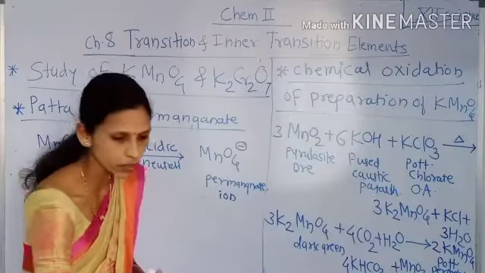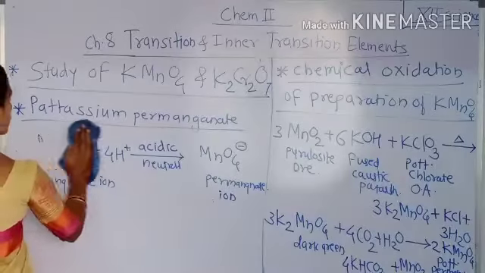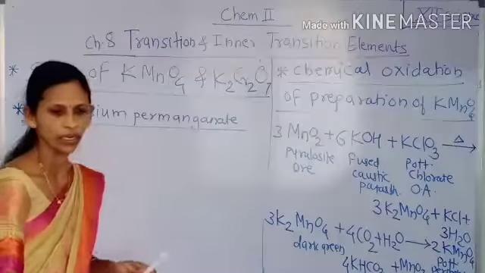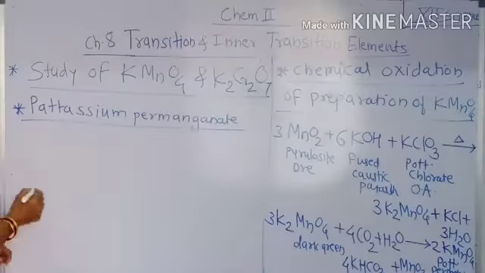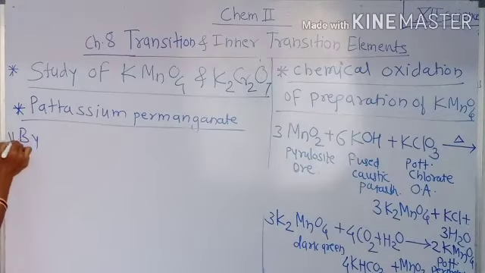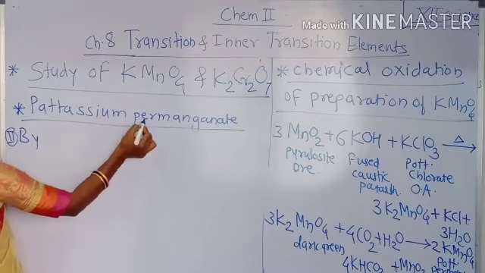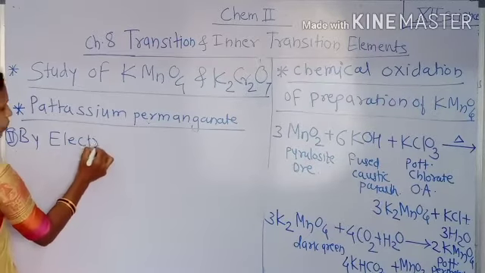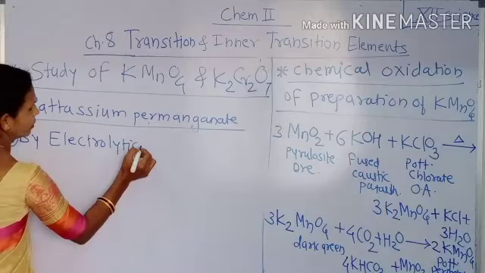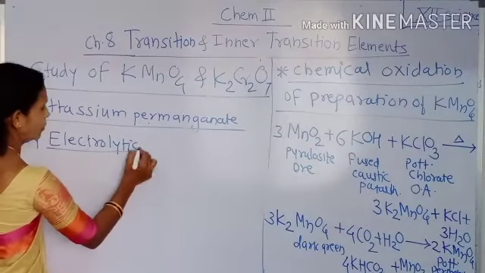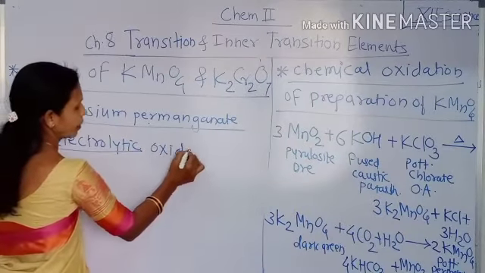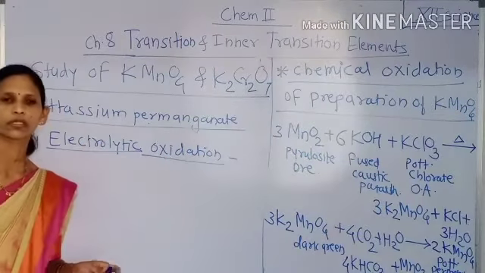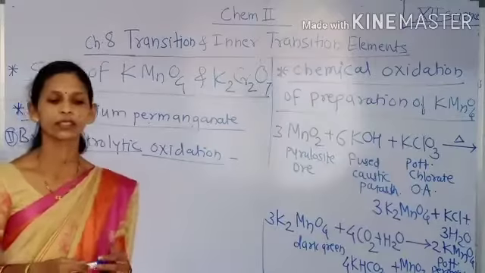That is the first preparation method of KMnO4 or potassium permanganate. Then we will discuss the second preparation method, that is by electrolytic oxidation, or the electrolytic process, also called the electrolysis process.